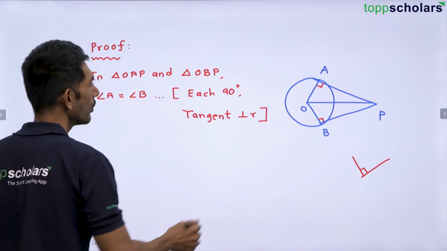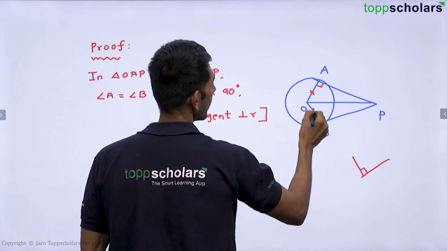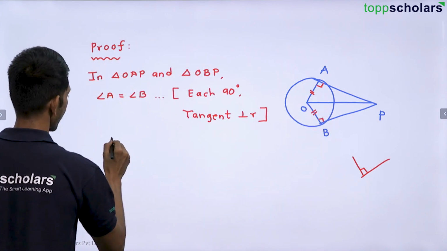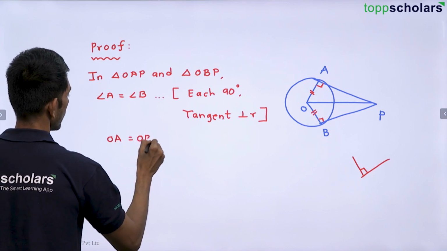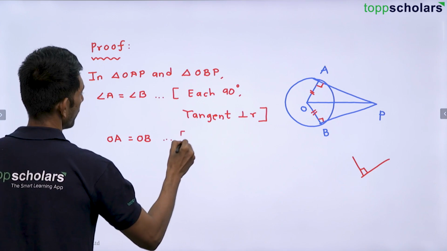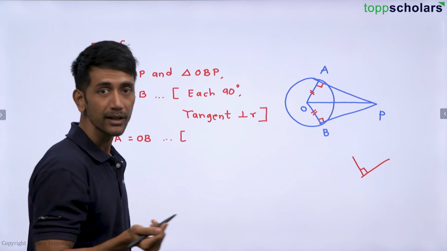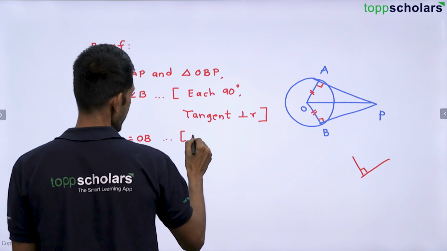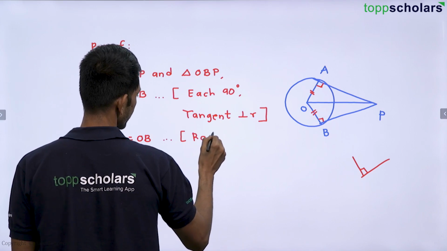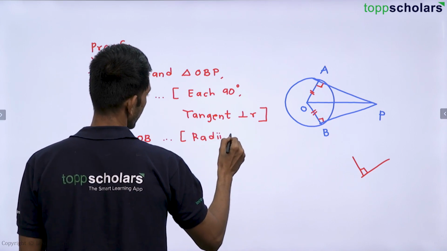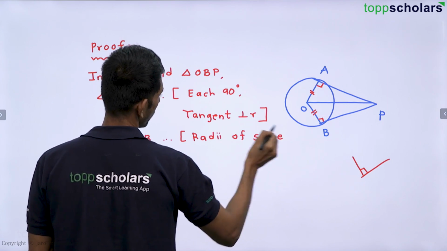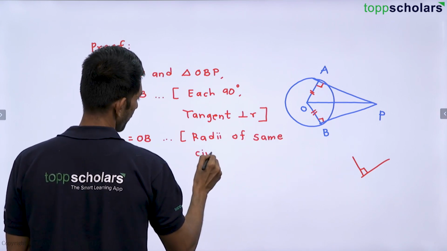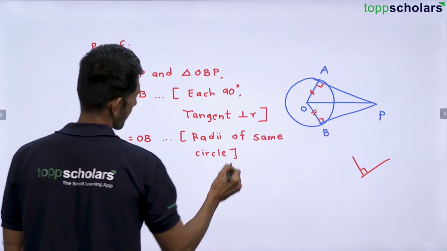Now, can I say OA and OB are equal? Can I say OA is equal to OB? Yes, because both of them are radii of the same circle. So I'll write down radii of same circle.